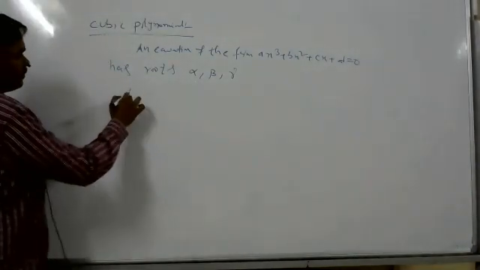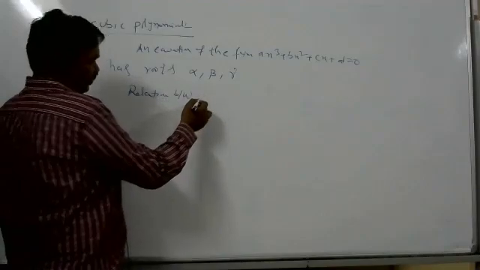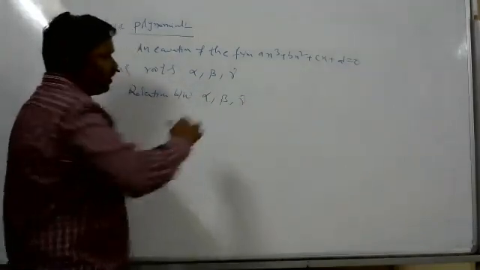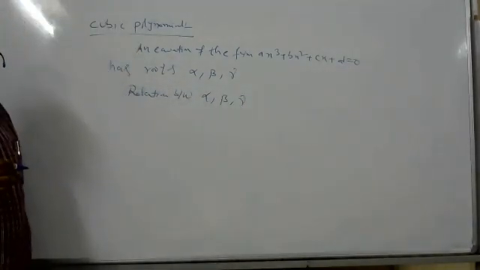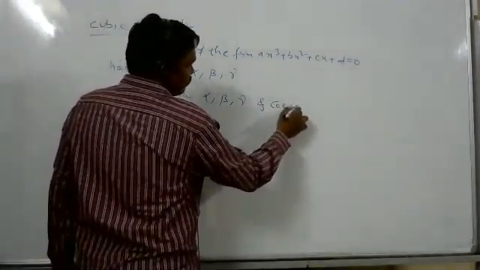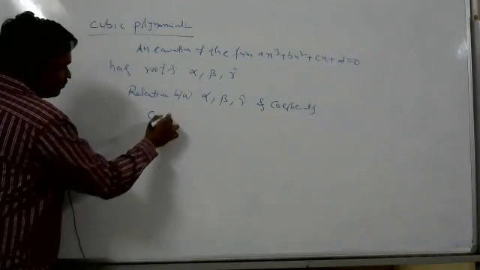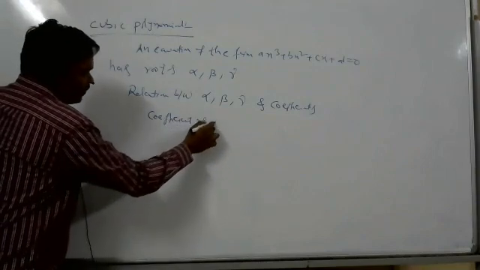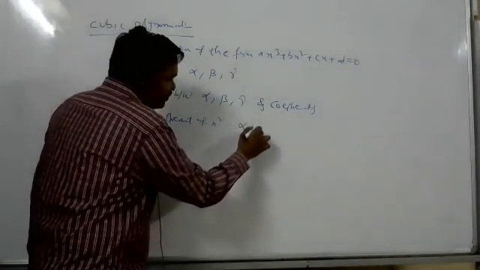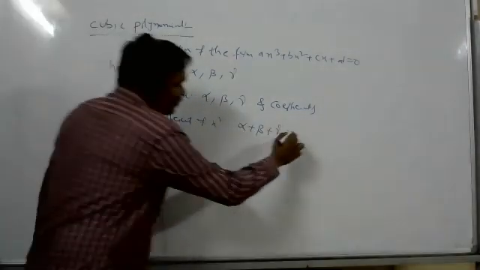Relation between alpha, beta, gamma and coefficients. Coefficient of x square: alpha plus beta plus gamma is equal to minus b by a.